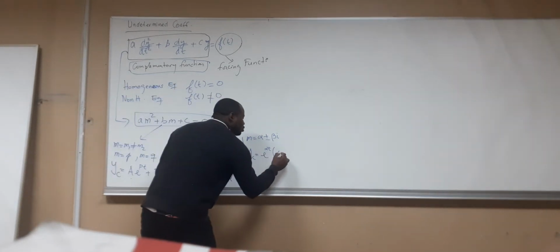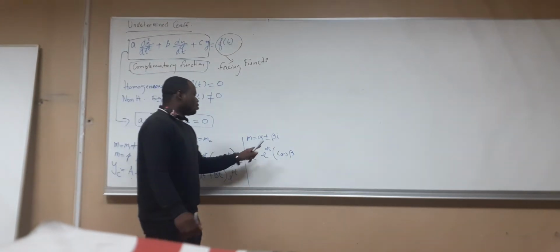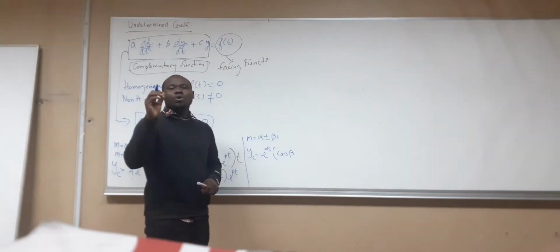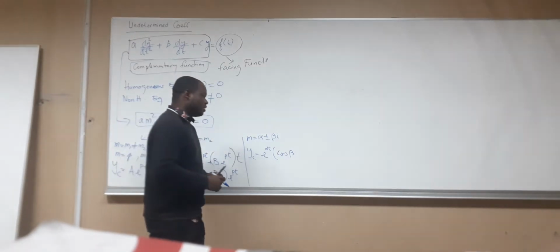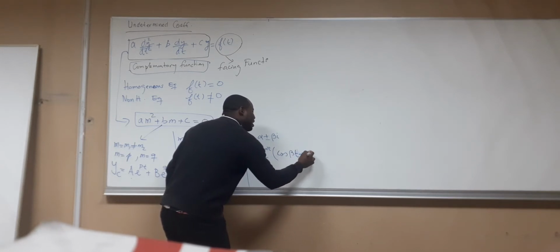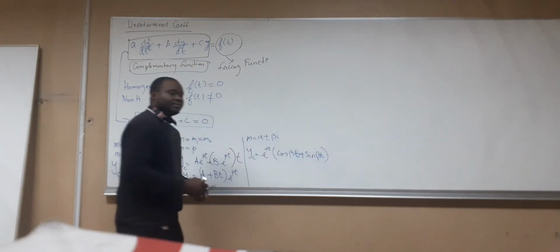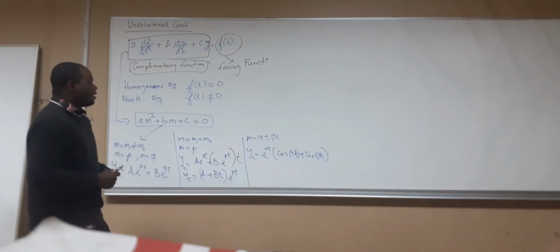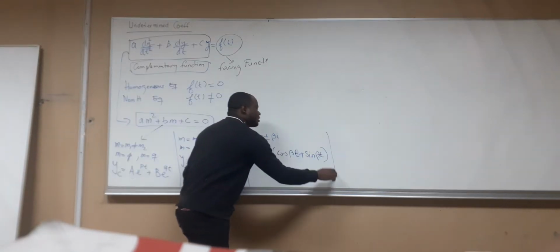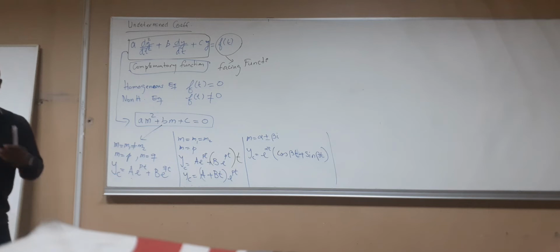It's going to be cos of beta t plus sine of beta t, and close your bracket. Notice that you do not care about plus or minus; we always take it positive. These are the three cases that you will come across while solving your characteristic equation.